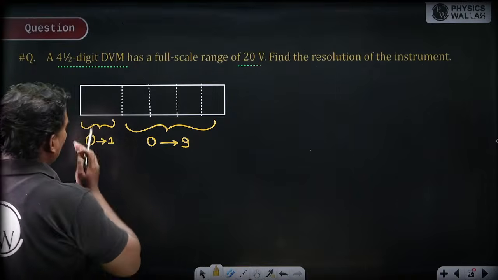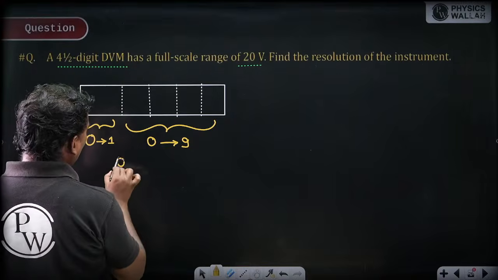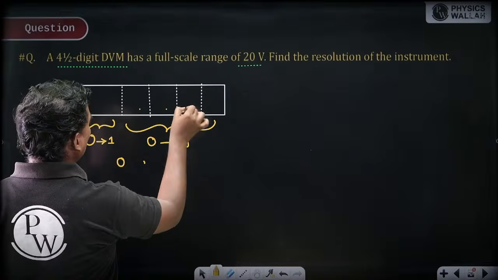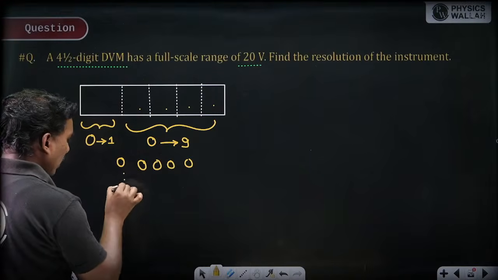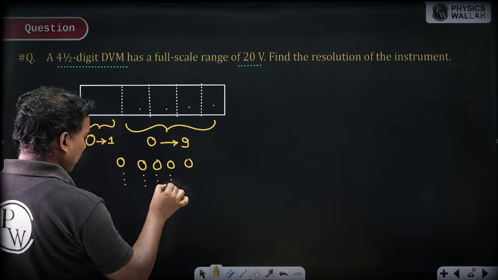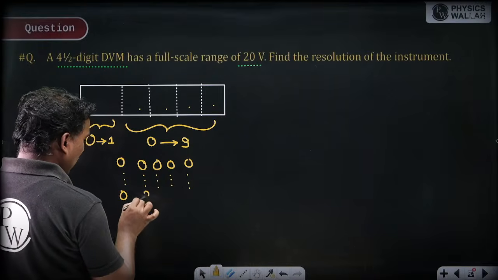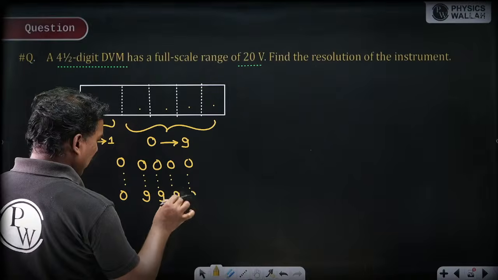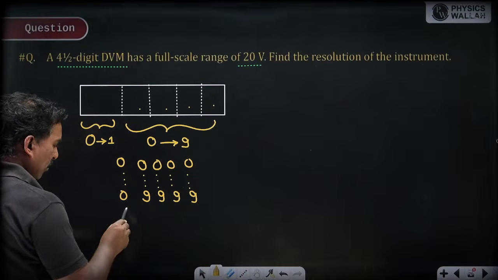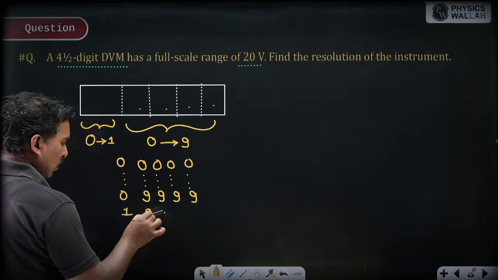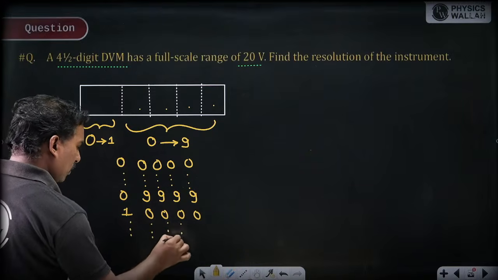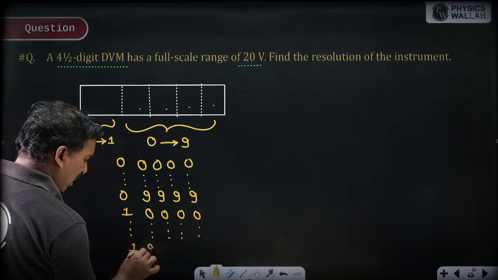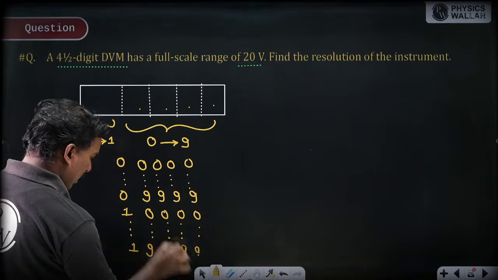Okay. So now if you see the range, it can be 0, 1, 2, 3, 4 and goes on like this, up to 0, 9, 9, 9, 9. Next it will be 1, 0, 0, 0, 0 and goes up to 1, 9, 9, 9, 9.